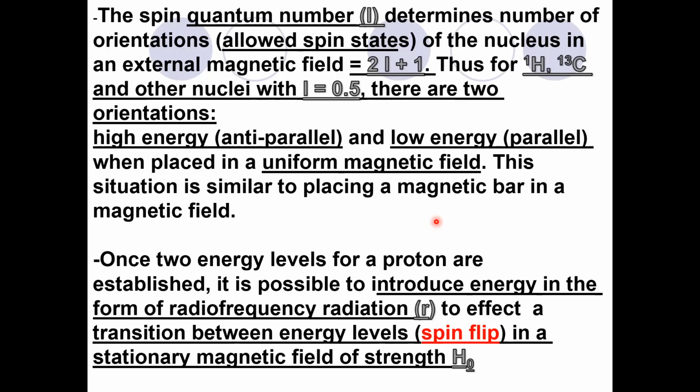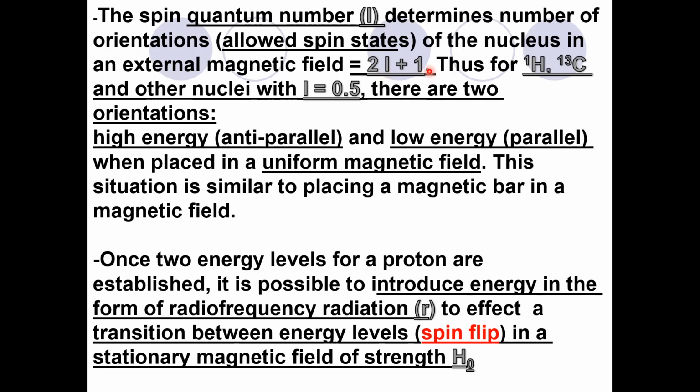The spin quantum number, which has the symbol I, determines the number of orientations or allowed spin states that the nucleus will acquire in an applied magnetic field. The number of orientations is equal to 2I plus 1. I is one half for carbon 13 and proton, so we have two orientations.